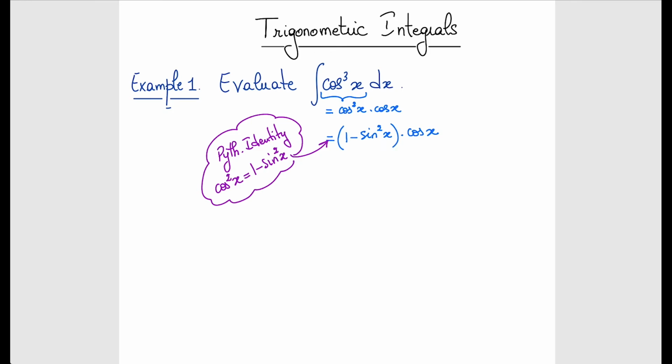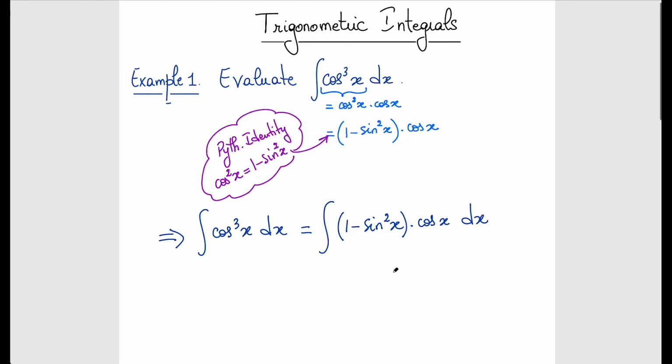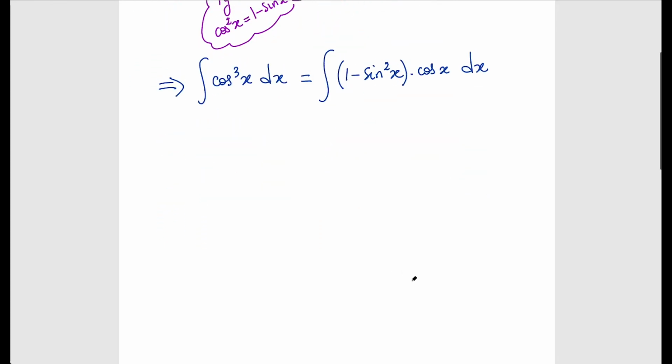Therefore, the given integral is equal to the integral of 1 minus sine squared x times cosine x dx, because we said that cosine cubed x is equal to this product. And then we can use an appropriate u substitution.